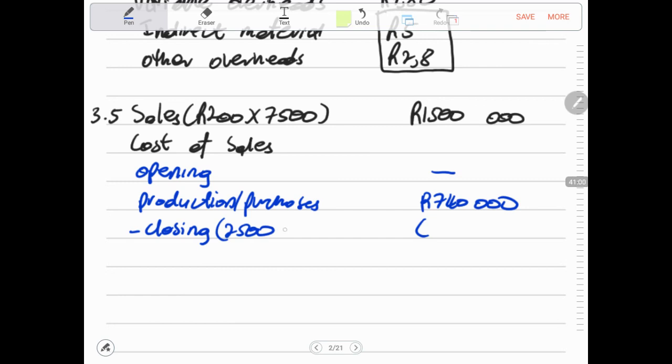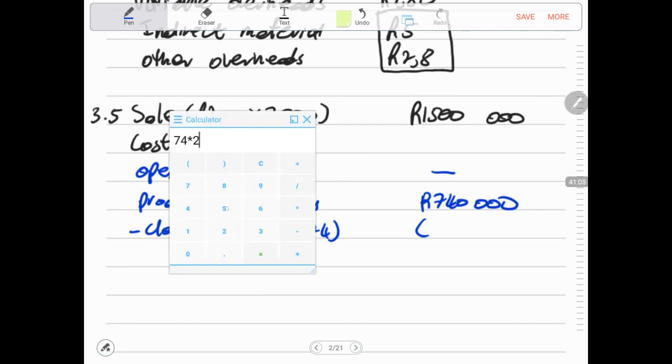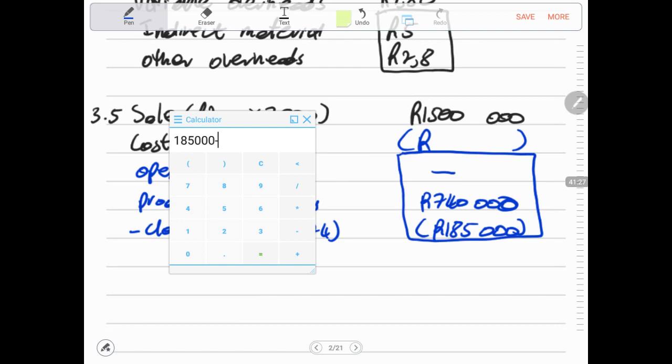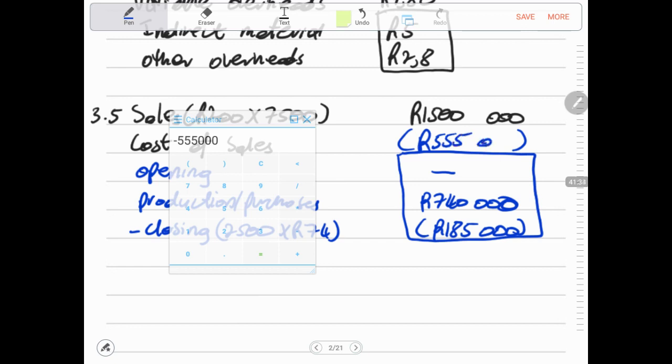Let me highlight that. Remember, the cost of the inventory that is left cost us 74 rand for every unit. We multiply this by 2,500, it will give us 185,000 rands. Now I just want to link this with financial accounting, but you don't do what I'm doing. I'm just showing you this now, meaning the cost of sales will be 740,000 rands minus 185,000 rands, meaning it will be 555,000 rands.